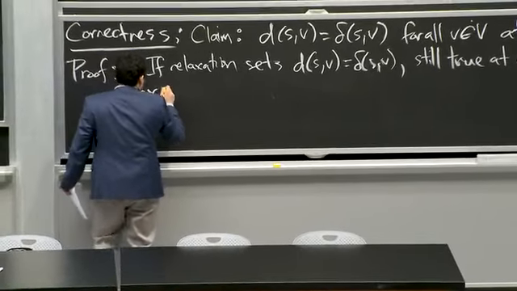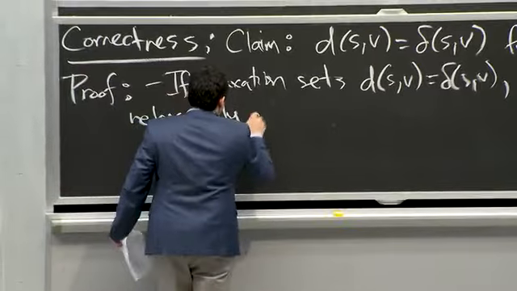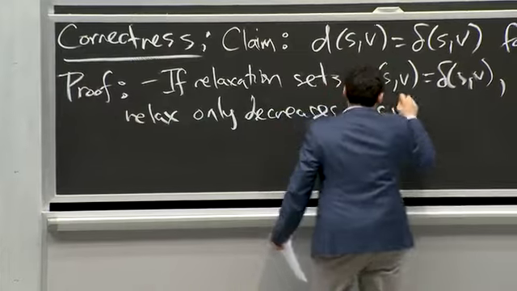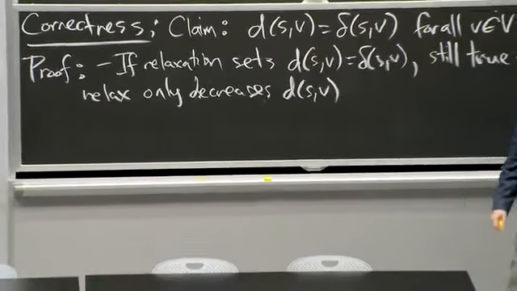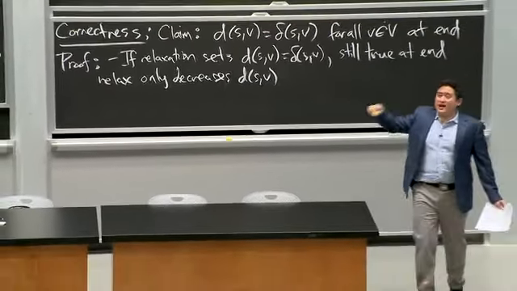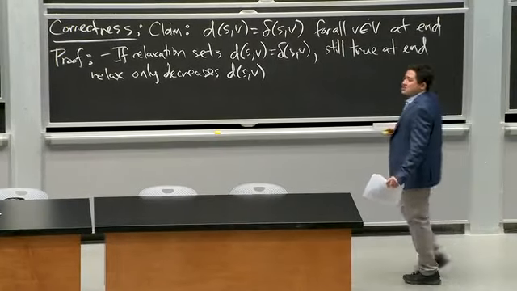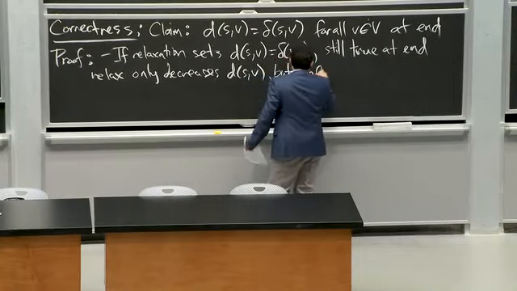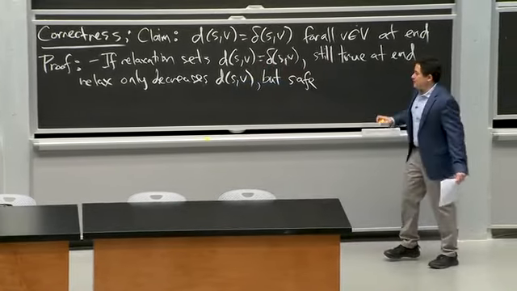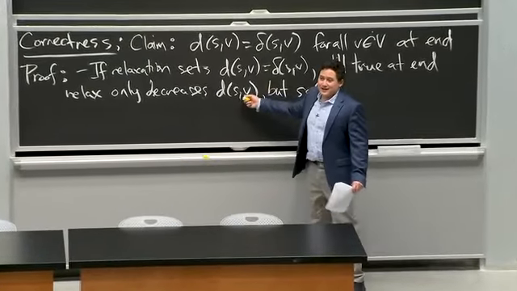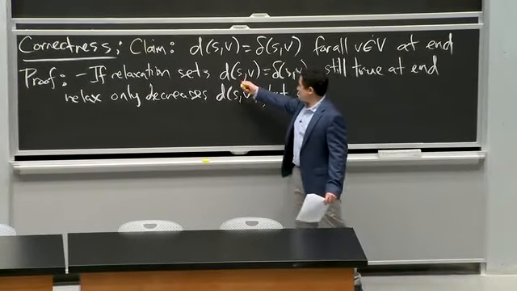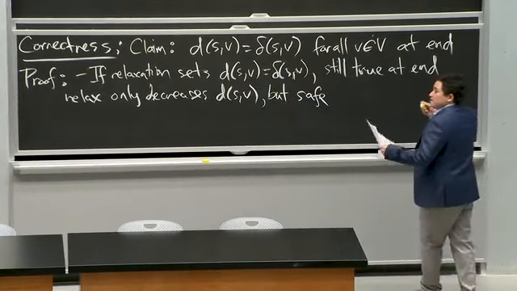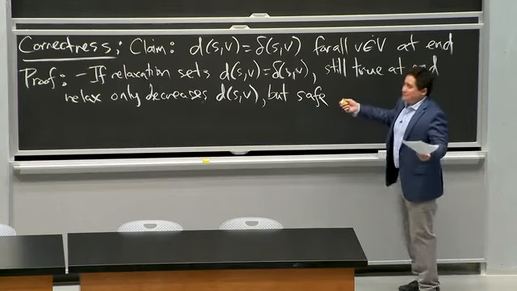Relaxation only decreases d of s, v. But we proved in lecture 11, so 2 lectures ago, that relaxation is safe. And what does safe mean? Safe means that relaxation will only ever change these distance estimates to be either infinite, right?